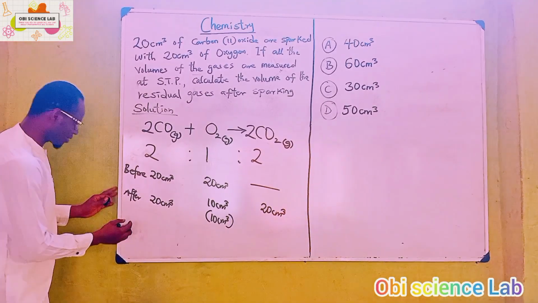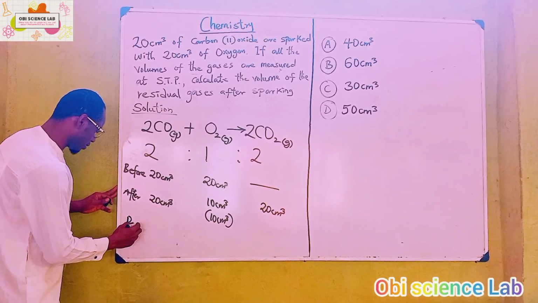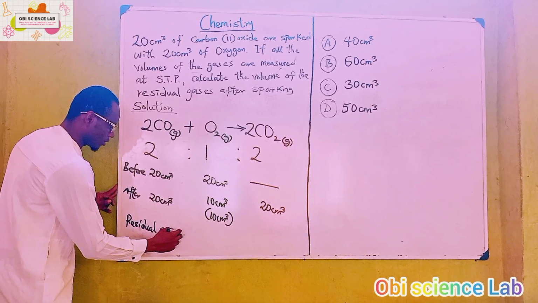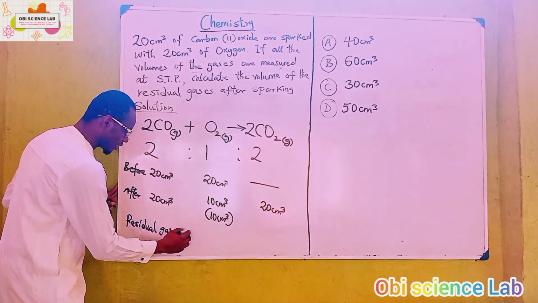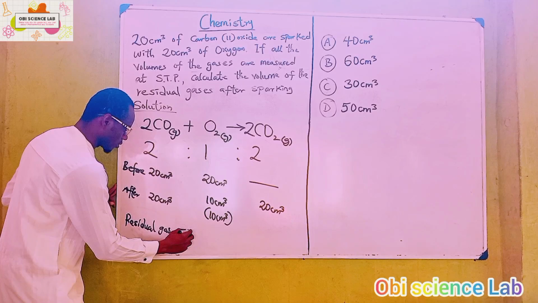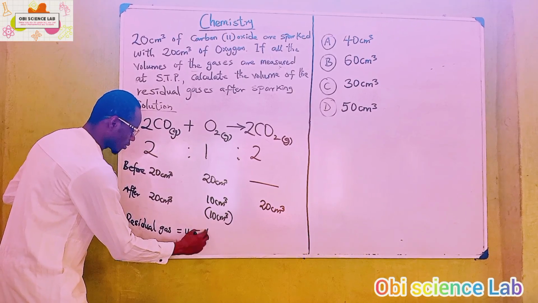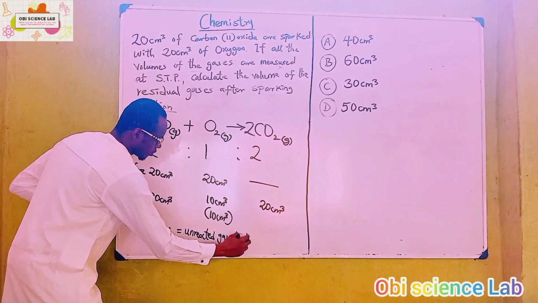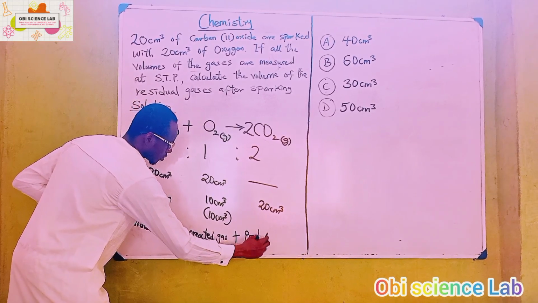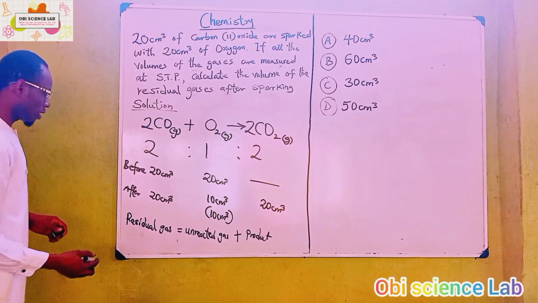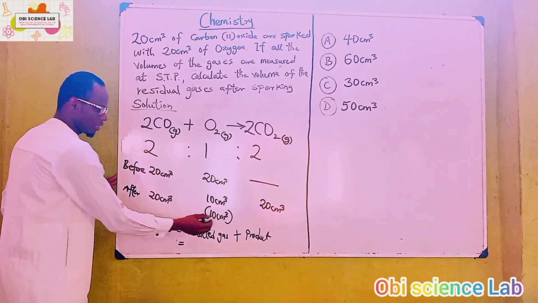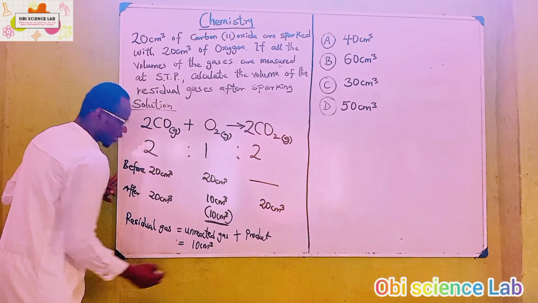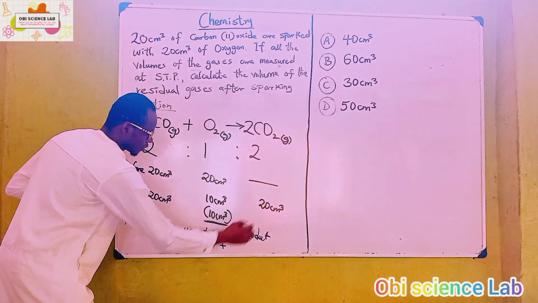So residual gases is equal to the unreacted gas plus the product. The volume of the residual gas will be equal to the unreacted gas, which is 10 cm cube, plus the product, which is 20 cm cube.